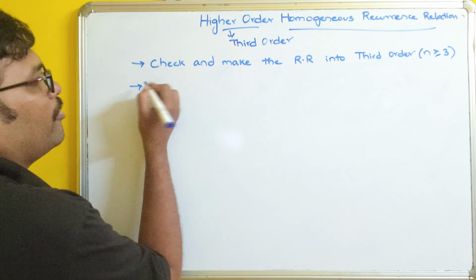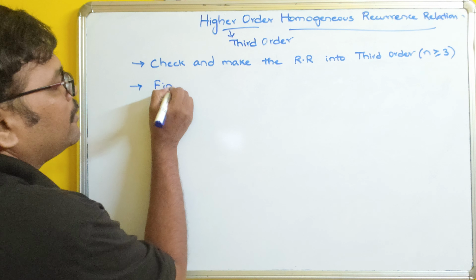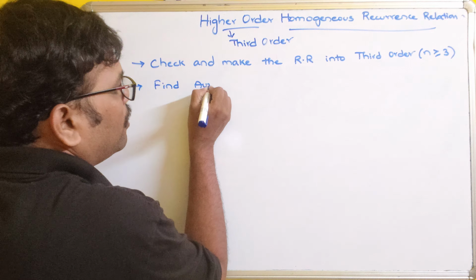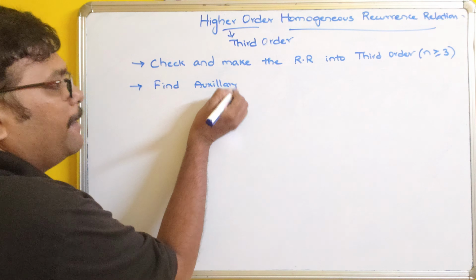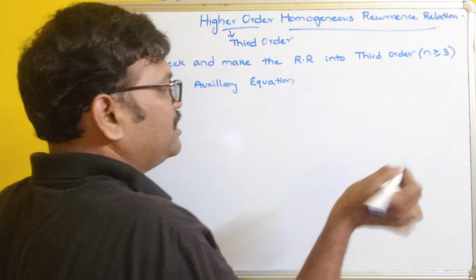Now the second step: find the auxiliary equation. How to find the auxiliary equation?